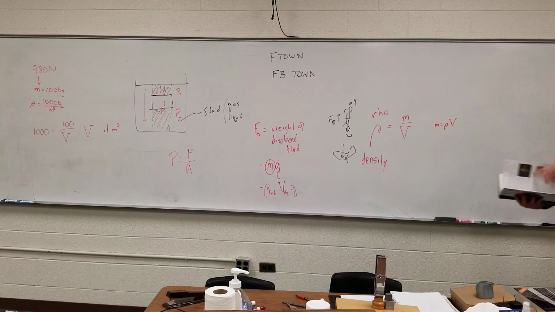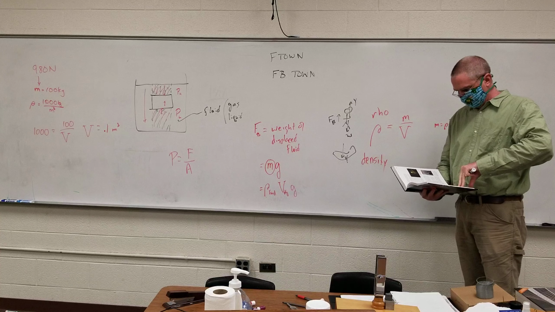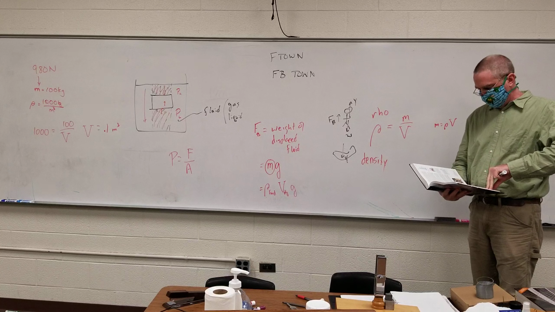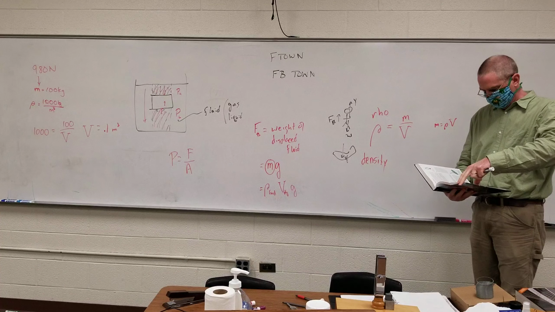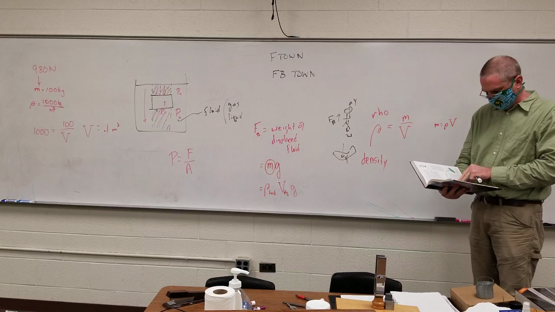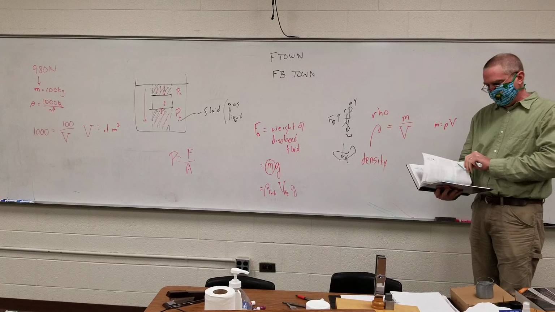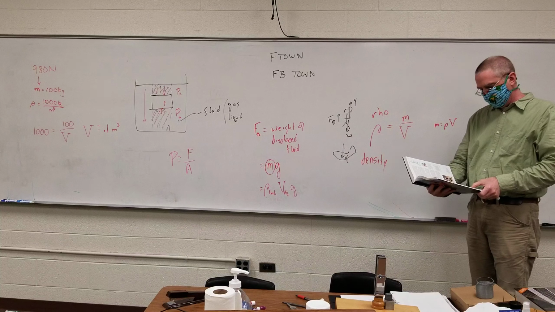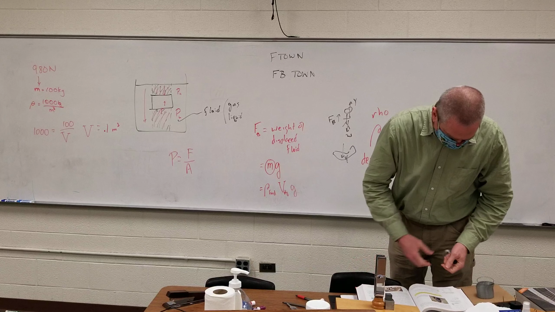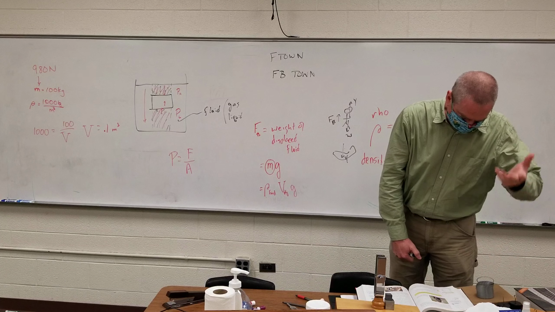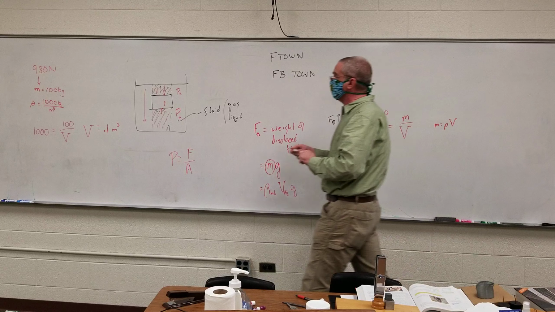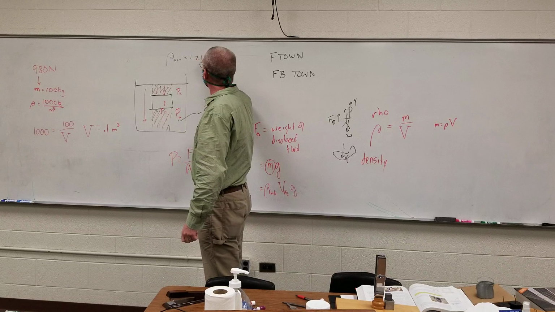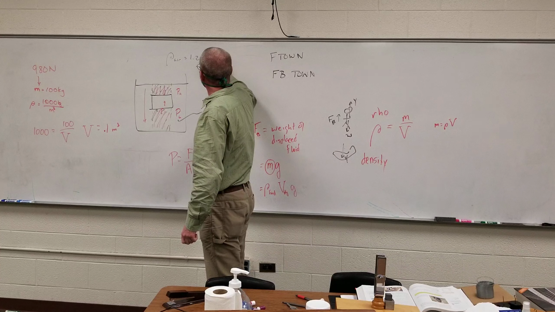See, gases is chapter 14, I think. Yes. There's a table of common densities. Let's see. Air. Air has a density, in this room right now, of about 1.21 kilograms per cubic meter. So density of air, 1.21 kilograms per cubic meter.